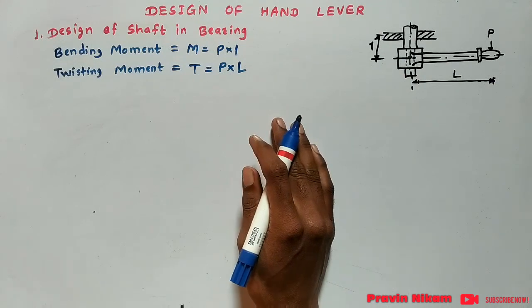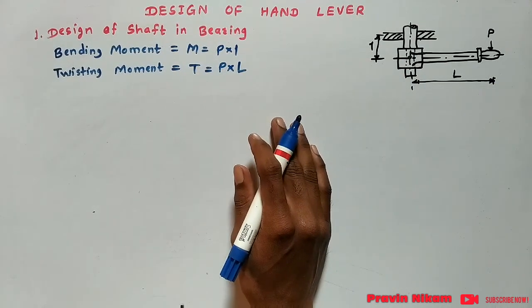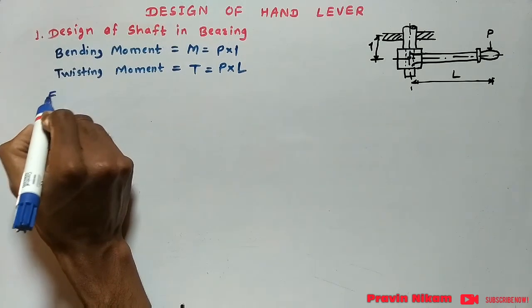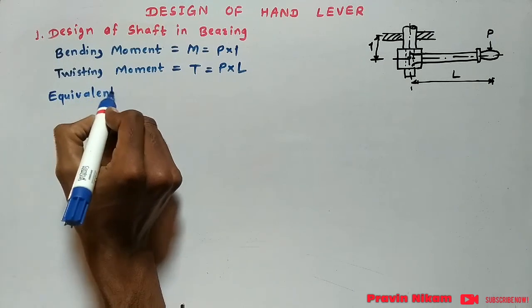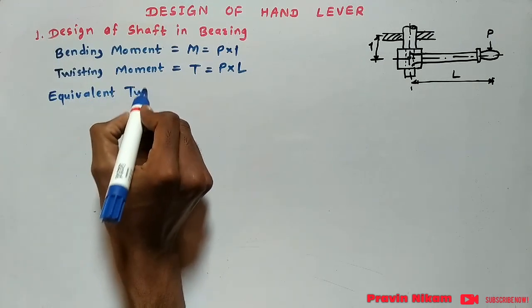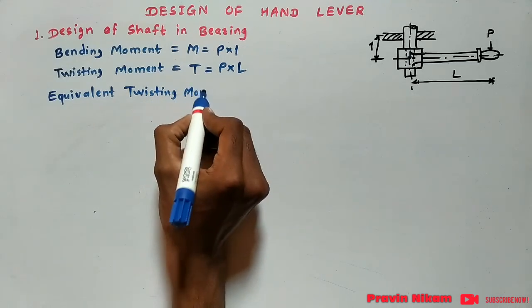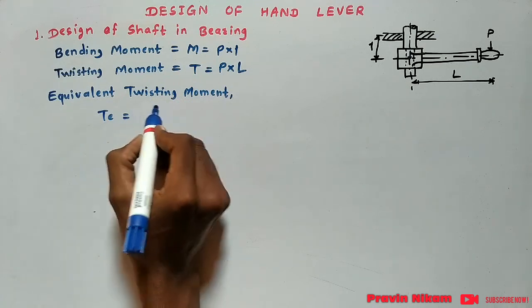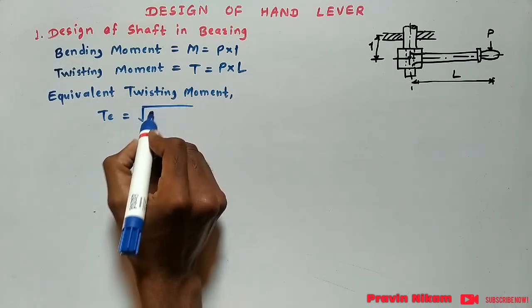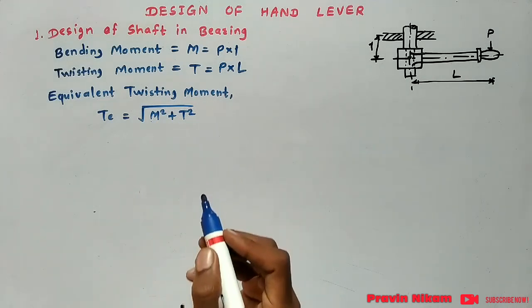Now we know that the equivalent twisting moment TE is equal to root of M square plus T square.